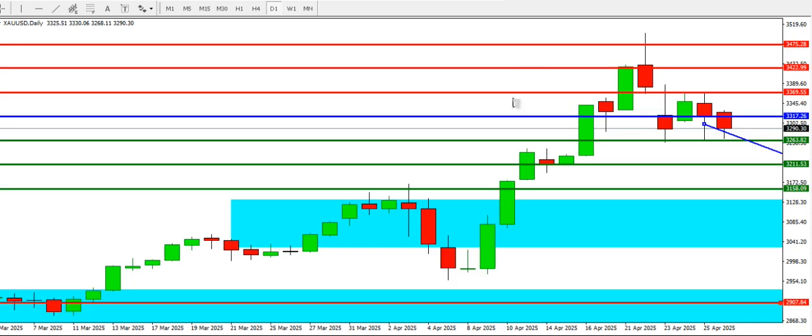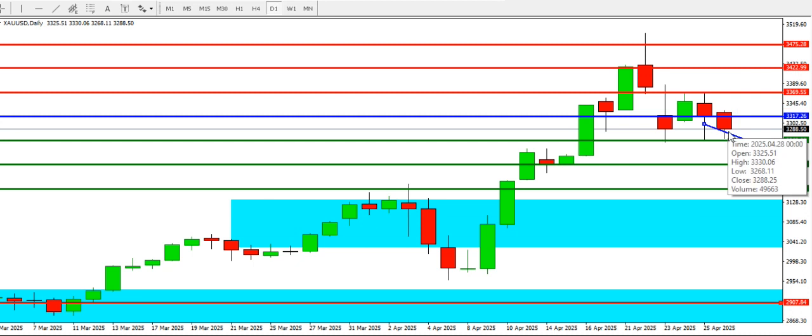On the daily time frame, we have the pivot. This blue line is the pivot line on the daily time frame. The pivot line is at 3317 area. The first resistance is at 3369, while the first support is at 3263.